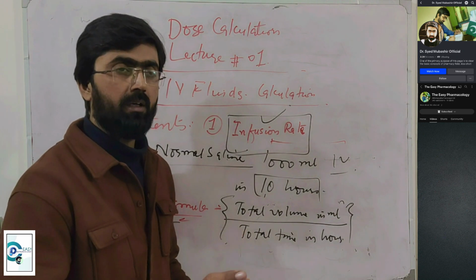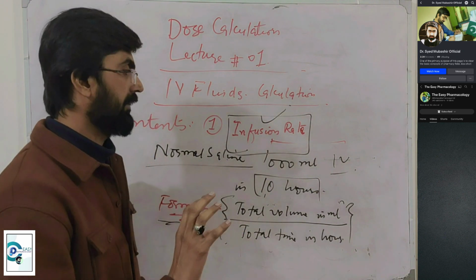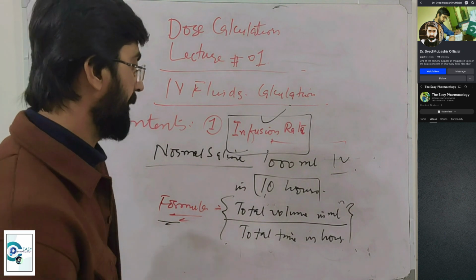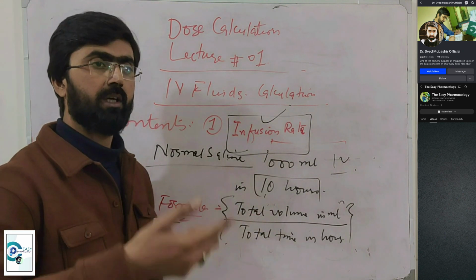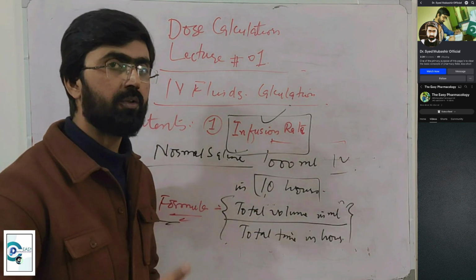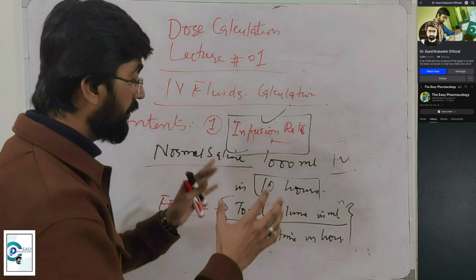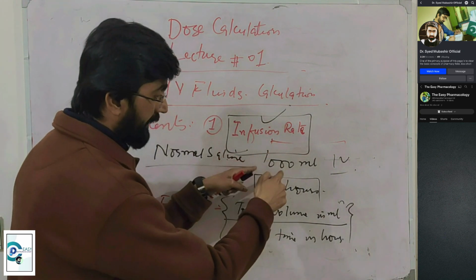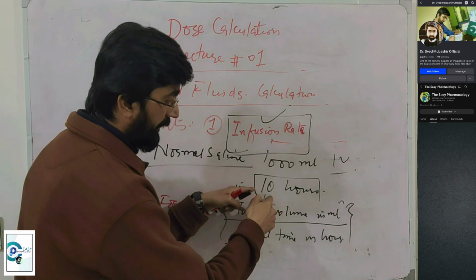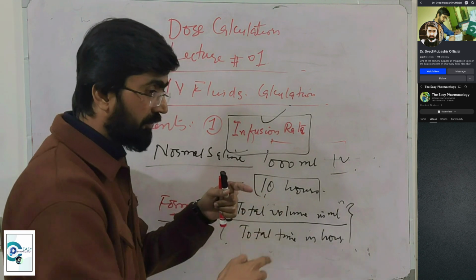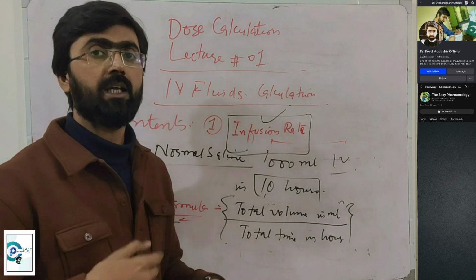Any time could be written and prescribed by the doctor. But what we have to do is calculate the infusion rate. Now this quantity given, we have to finish in this time. So now the need is to calculate the infusion rate.